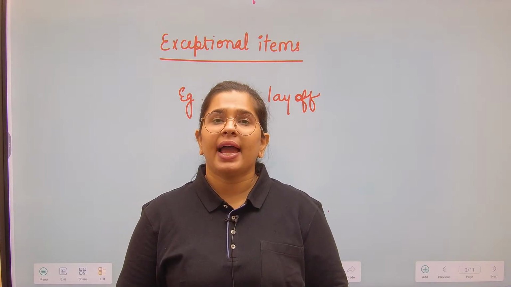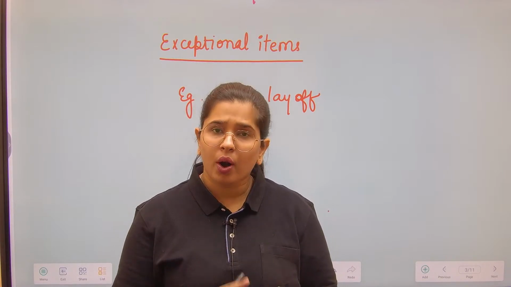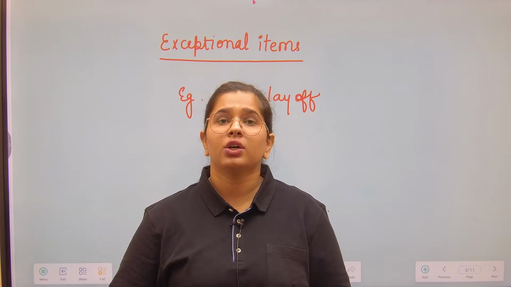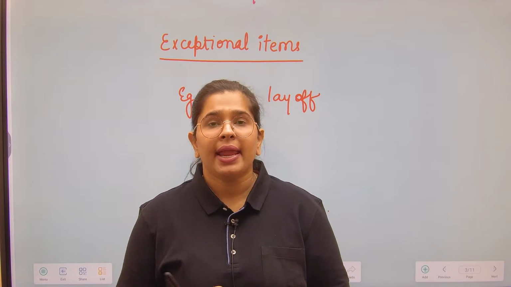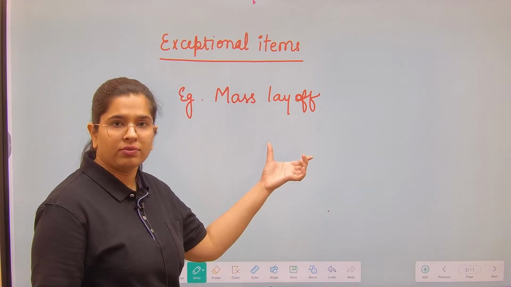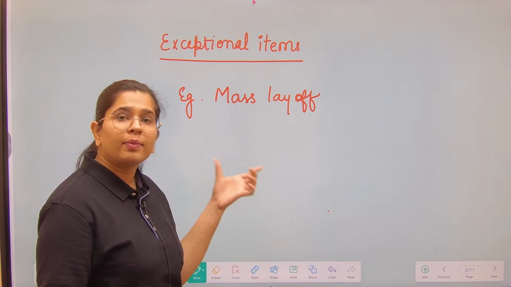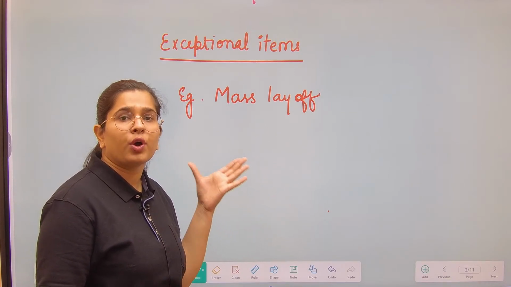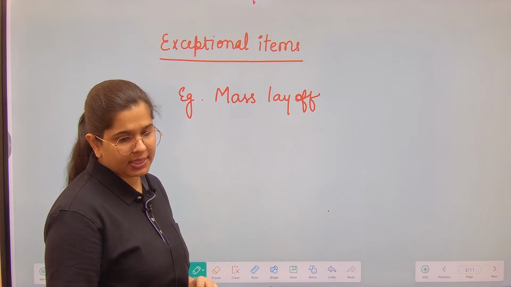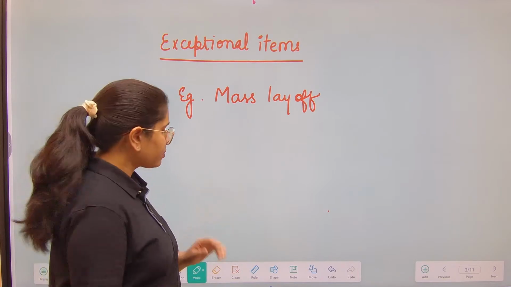Now, an exceptional item can be one which is ordinary in nature, but because of the scale or the quantity or the amount, it has become exceptional, like mass layoff. You are removing so many employees from your entity. This is why this particular item has become exceptional, right?